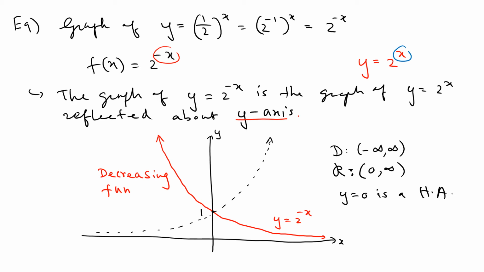So let's try to graph one special graph, but we're going to do more graphs in a separate video. So let's do a problem like this. Let's say graph y = 3 - 2^(-x), something like that.